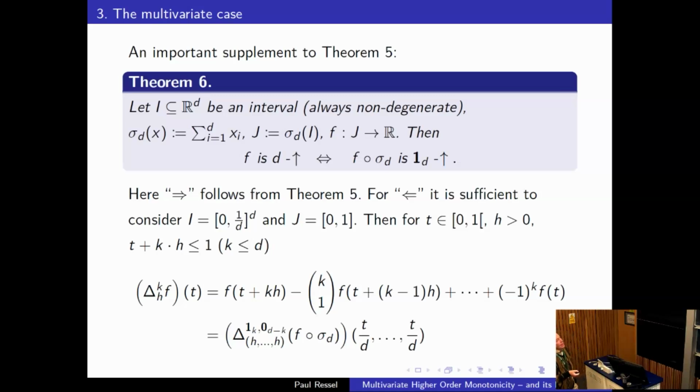For the other direction, it is sufficient to consider the interval 0, 1 over d to the power d, and then all the sum values are in the unit interval. We take a t less than 1 and positive h such that t plus k times h is less than 1, k less or equal to d, and then I write again something which more or less was already on the screen before.